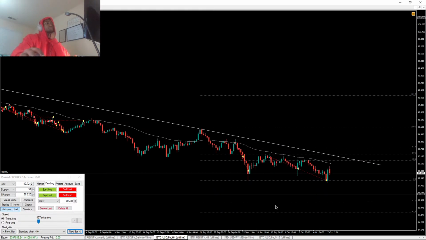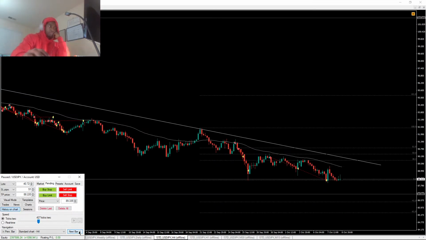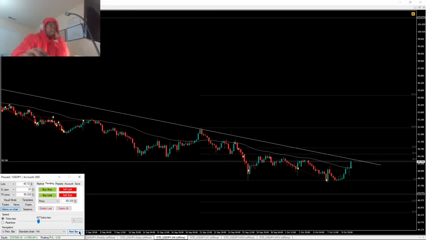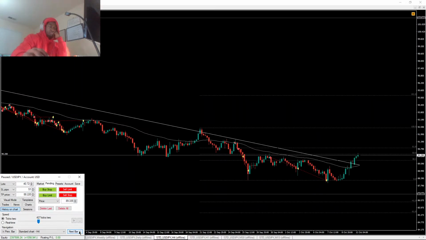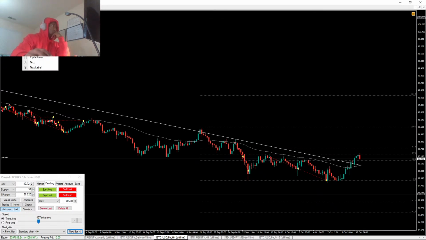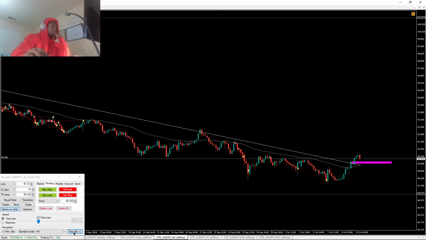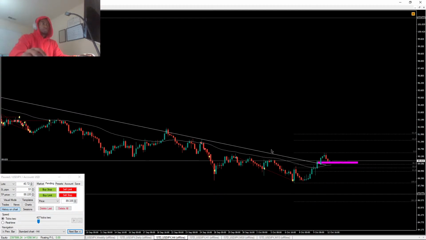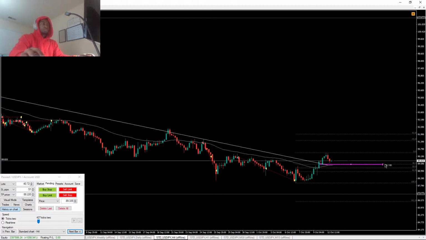Okay, I went to the 0 because demand zones are here. Could start to see, yeah, I'm not taking any more sells for the moment. It's a little early. Oops, okay.